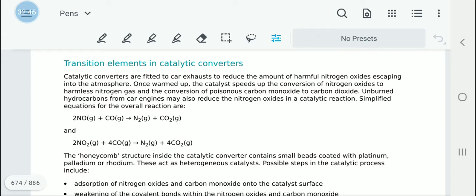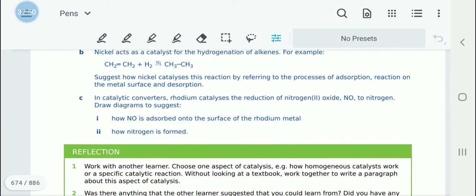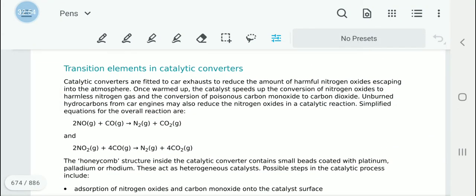Now, transition elements in the catalytic converter. Now you have learnt about the catalytic converter. For many vehicles, catalytic converters are fitted to reduce the amount of harmful nitrogen oxides escaping into the atmosphere.